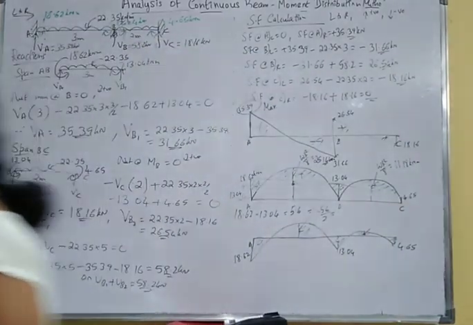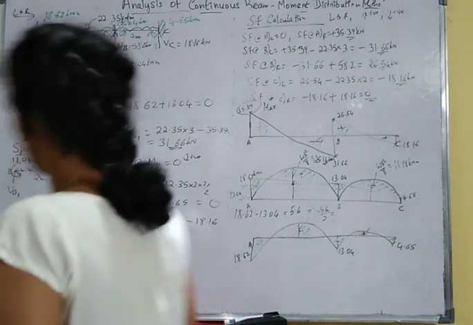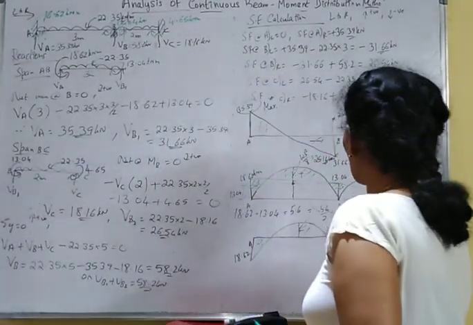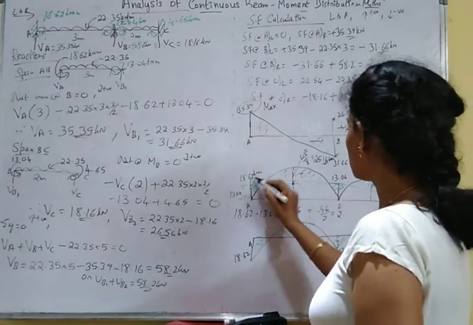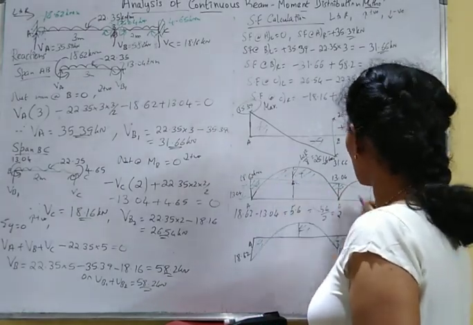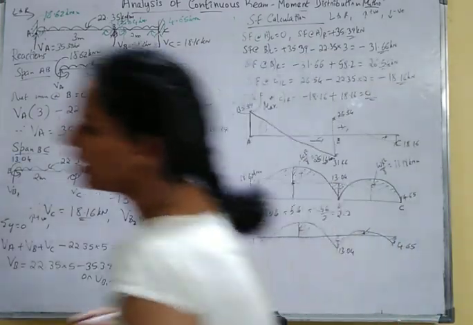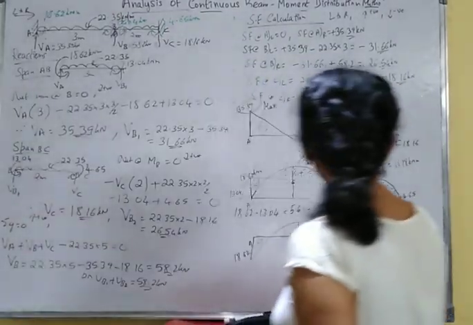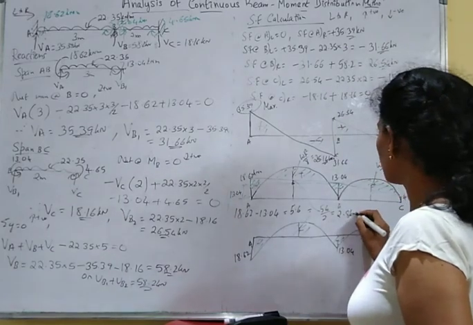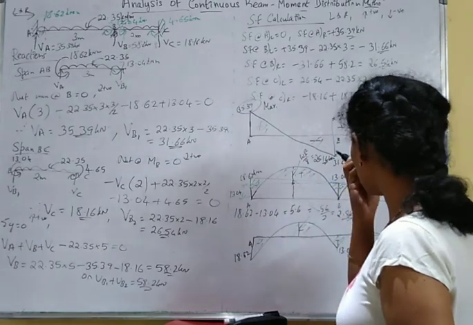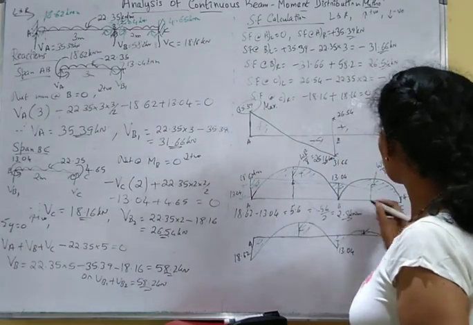Okay, it is 2.8. Or using similar triangles, bigger one and smaller one, you can find out directly, or just take half of it. So it will be 2.8 kilonewton meter. Now this is 2.8 and this total, just minus it.